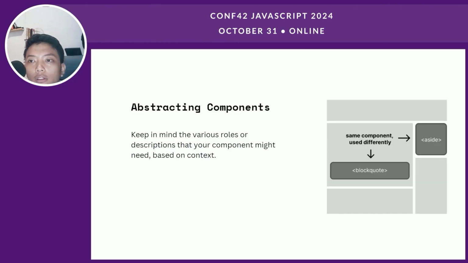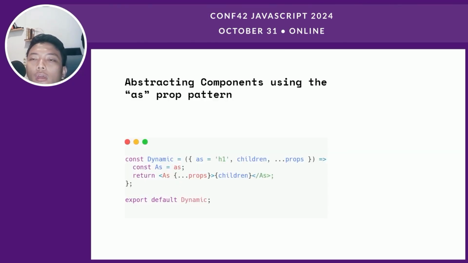In React, we also have the same thing. We can approach it with abstracting components. When you want to create a dynamic component, you can use the as prop in here. So later when you want to build a dynamic element or component in your website, you can use the as prop.